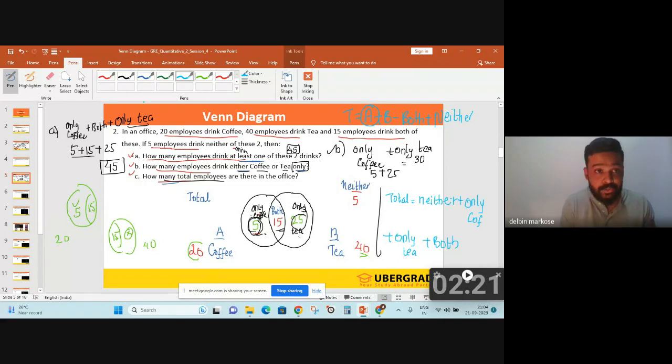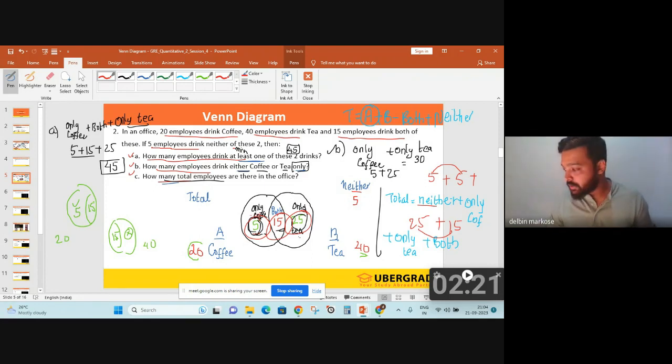Okay, so I'm just using this way. Neither is 5. Only coffee drinkers, which we know is 5. And only tea drinkers, which we know is 25. And both will be 15. You add all of it. Am I missing any number here? That will be 50, right?